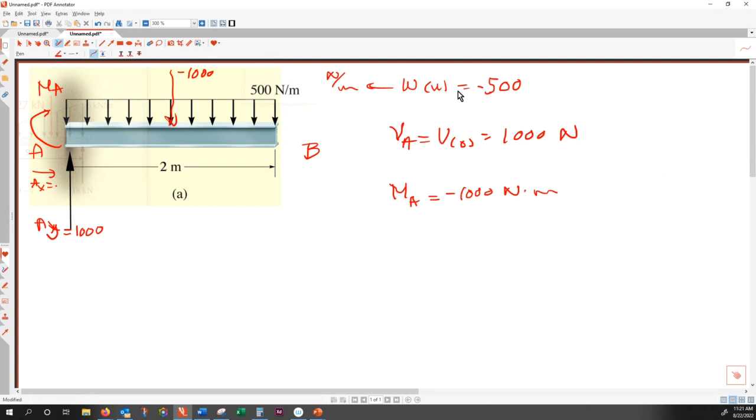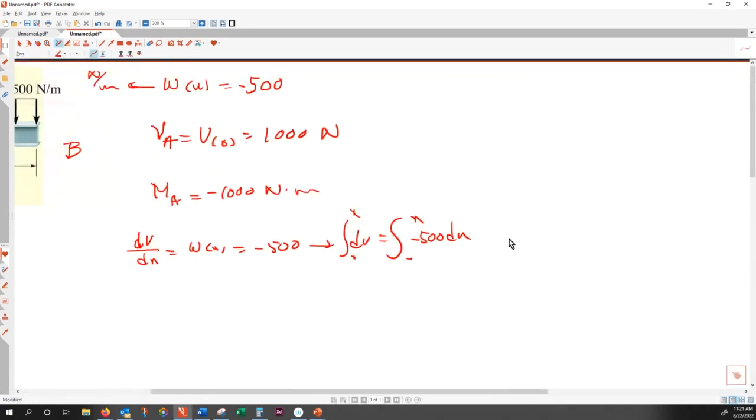So now I can start integrating from W of X. So dV over dx, that is W of X, is minus 500. And therefore, the integral of dV between 0 to x is the integral of minus 500 dx between 0 to x. And that is V of x minus V of 0 is equal to minus 500x.